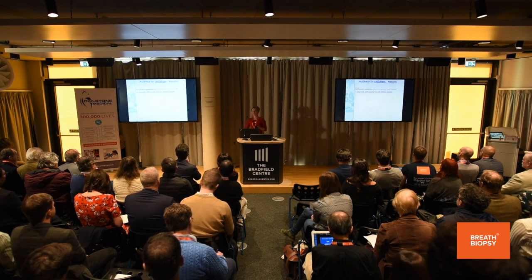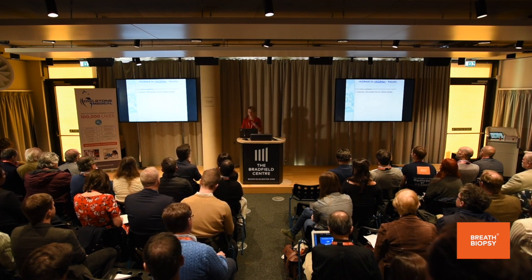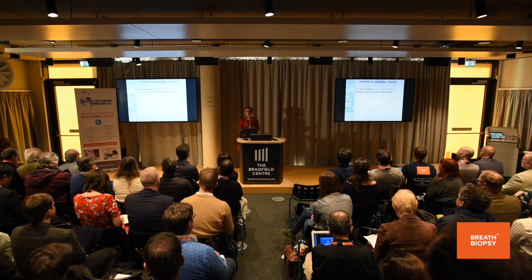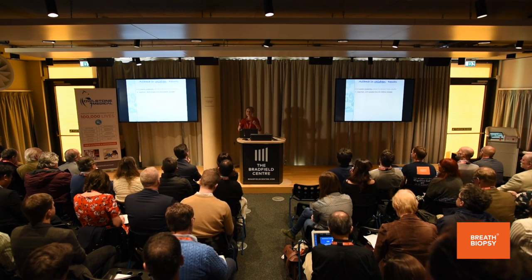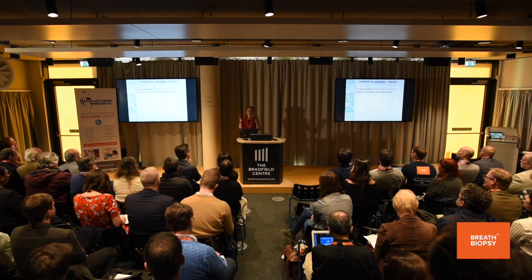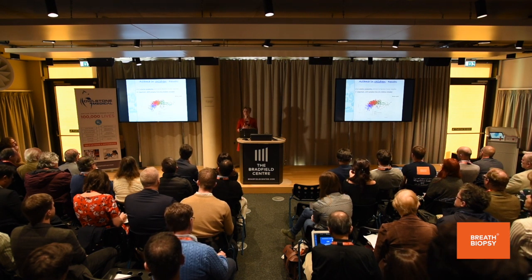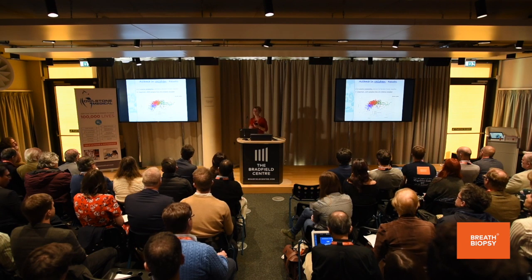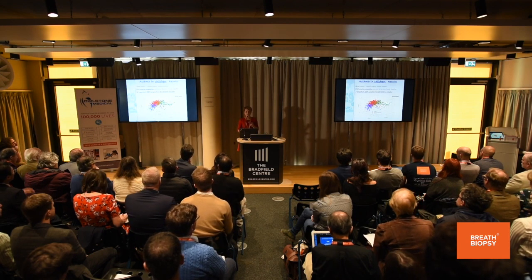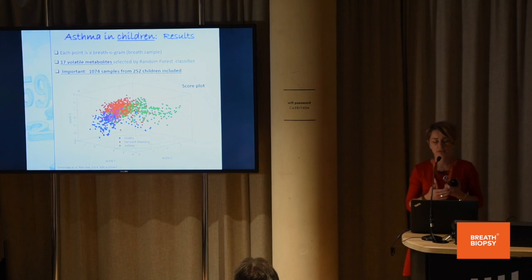I will show you first the results obtained for all. Here I did not really look at age, but I decided, okay, let's see if I take all my 1,000 samples, can I see some trends? What you can see here is basically a scatter plot, and each point is one sample, one breathogram.